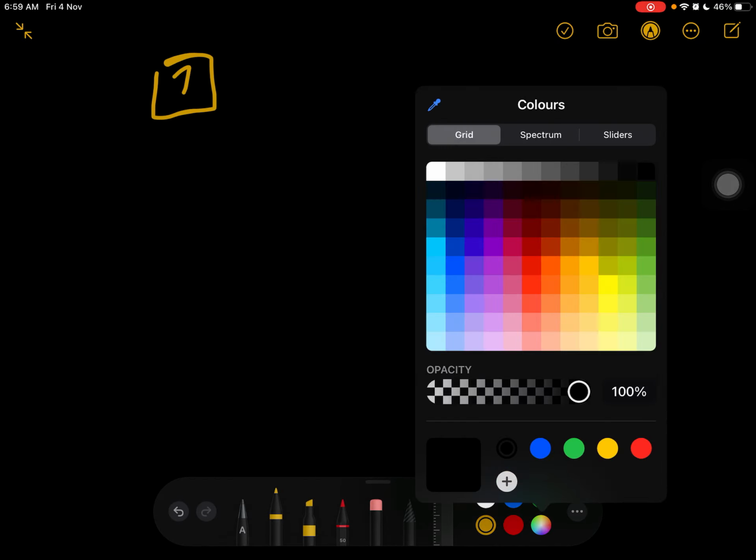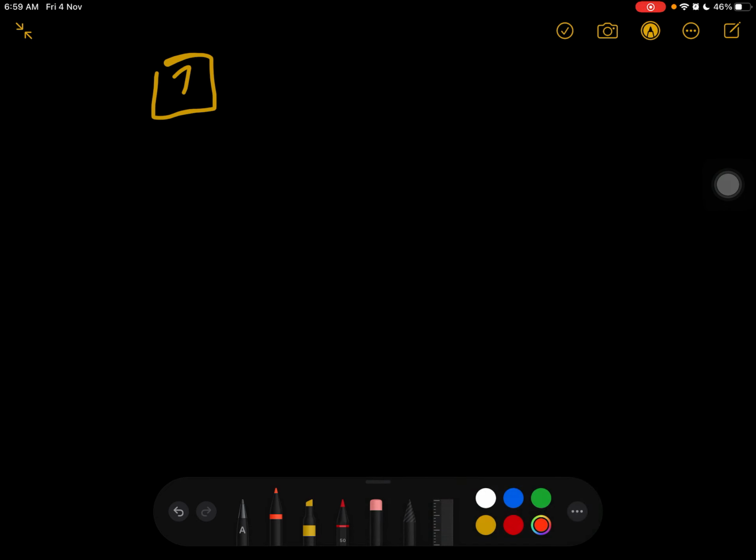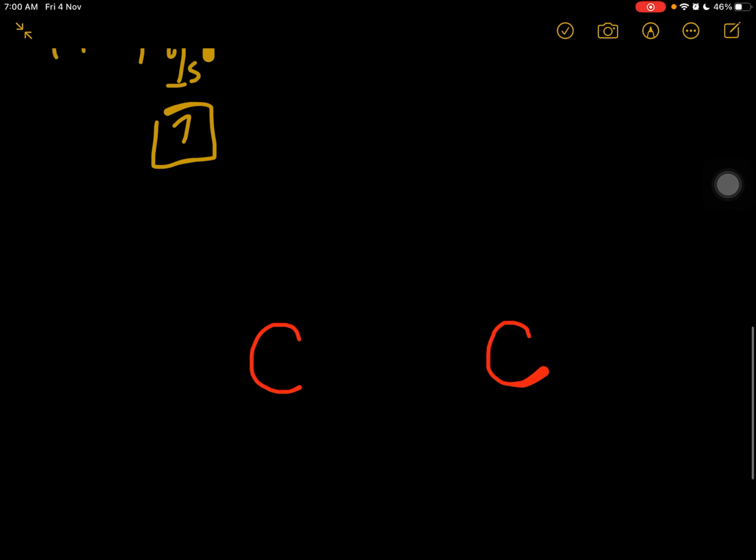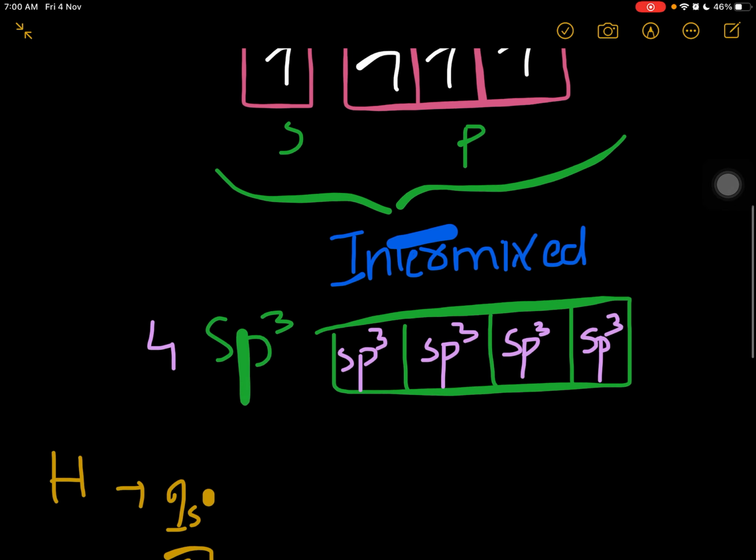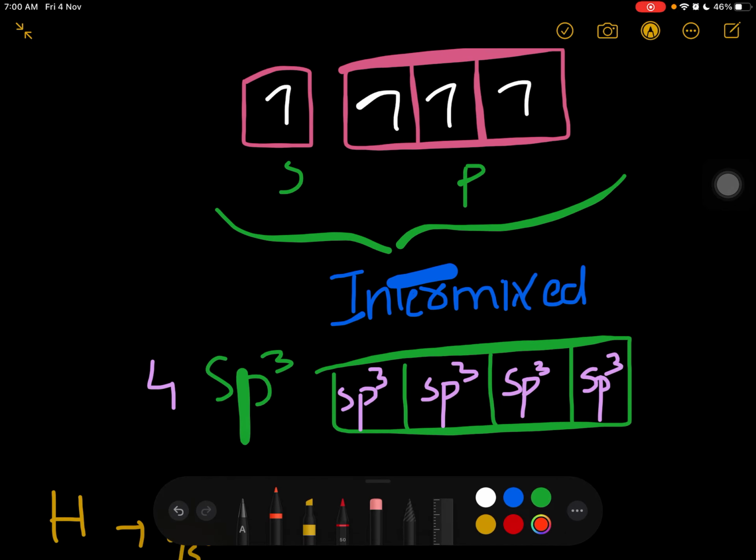When we make one carbon over here and another carbon over here, in hybridization we don't show the pi bond. Here the hybridization will actually not be sp3, because one pi bond is forming.